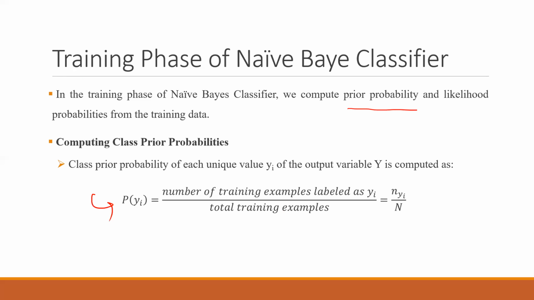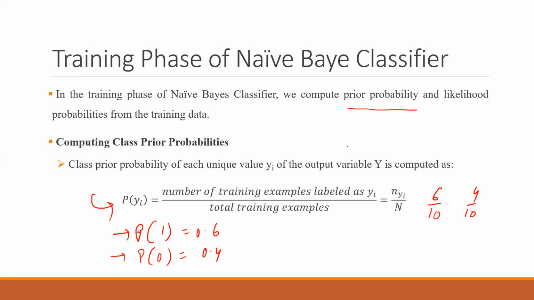Let's say there are 6 out of 10 for class 1 and 4 out of 10 for class 0. So we can say that probability of class 1 will be 0.6, and probability of class 0 will be 0.4. This will be the prior probability if my total samples are 6 by 10 for positive and 4 by 10 for negative. So this is how my P1 and P0 will look like.